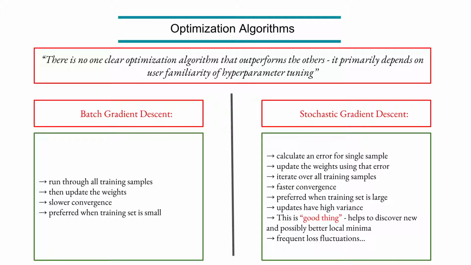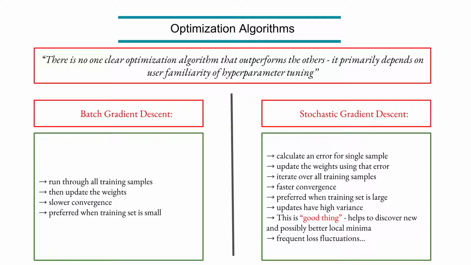It iterates over all training samples by updating the weights in each iteration, or in each sample. So as you can predict, the loss convergence wouldn't be stable this way, which means high variance.